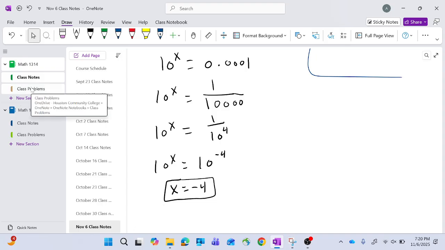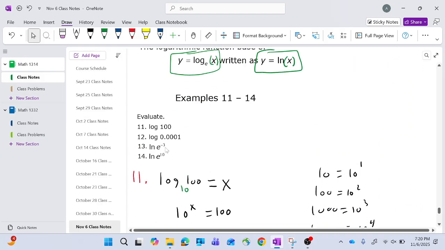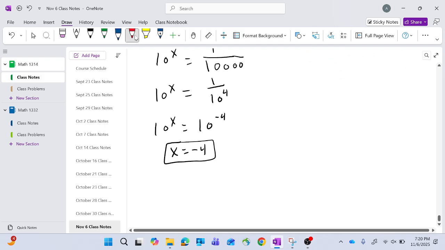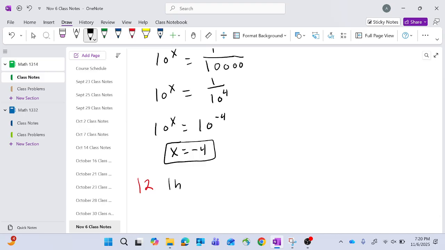All right, let's keep going. We have more problems, actually. We have one more. ln of e to the negative 3.